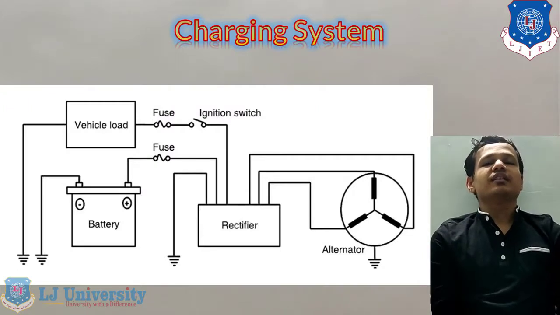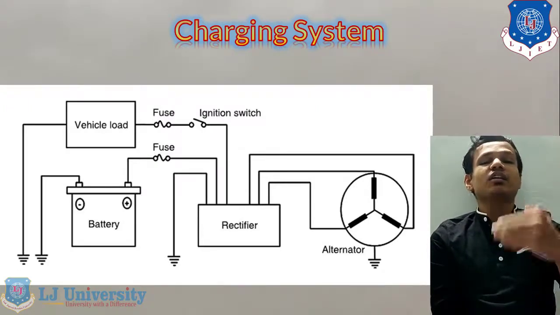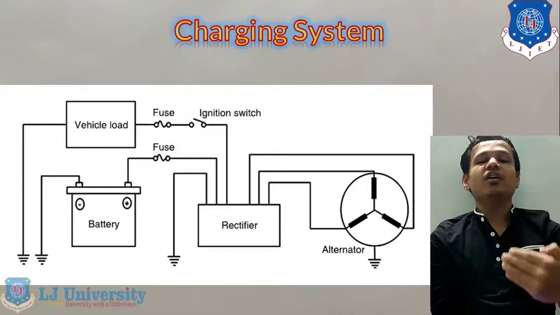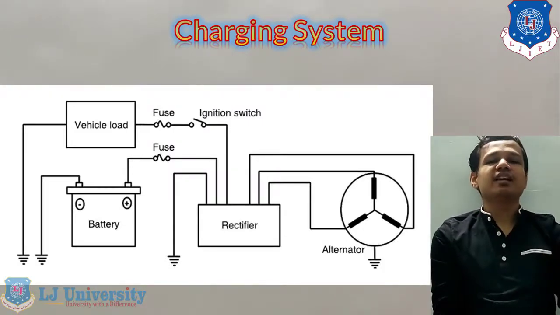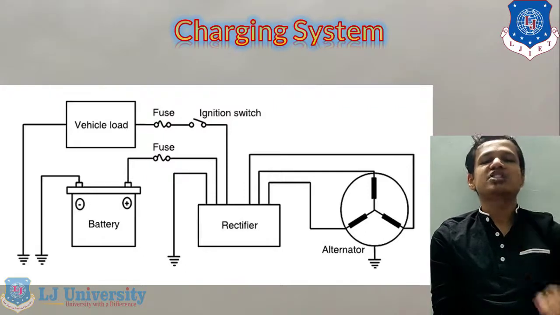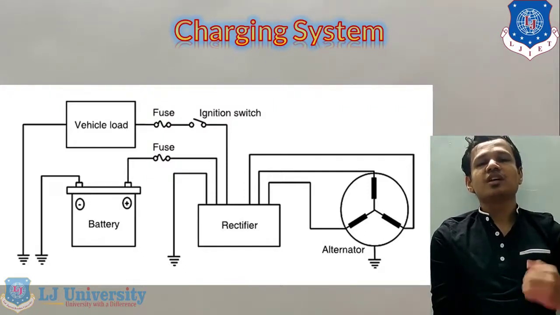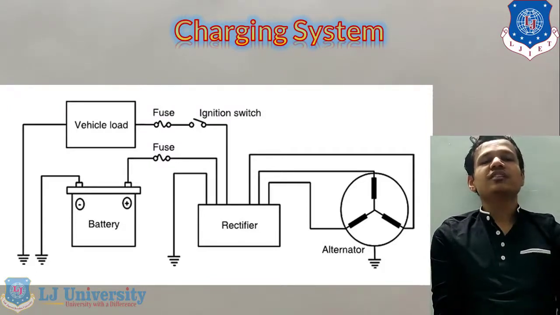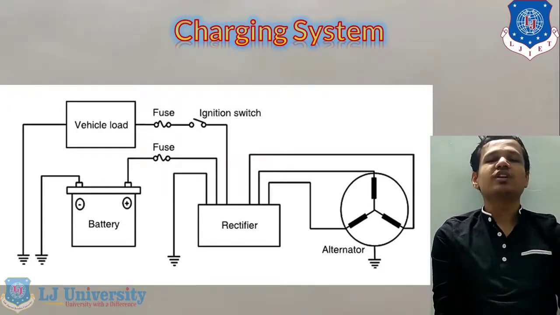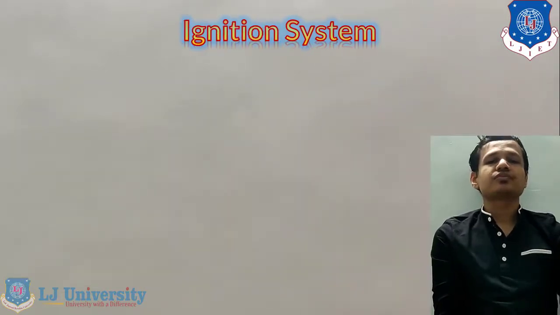Whenever we are running our vehicle, the alternator also rotates with it, and that alternator supplies the current back to the battery whenever required, and it keeps the battery in the charging condition because of the generation principle. Right? So this is how the charging system of two-wheelers and three-wheelers works in a simple manner.